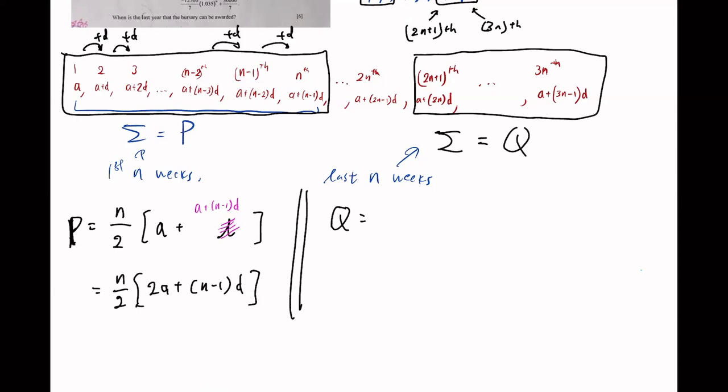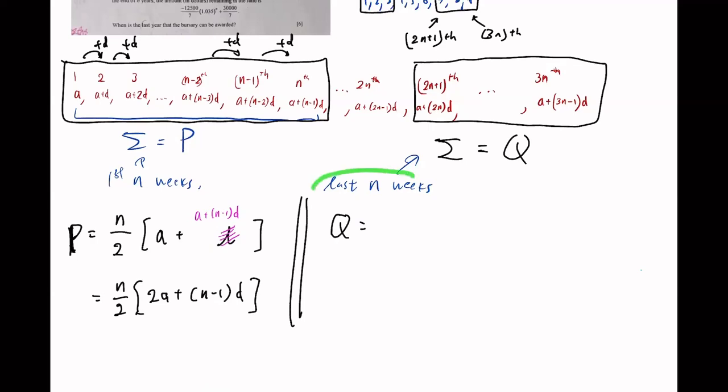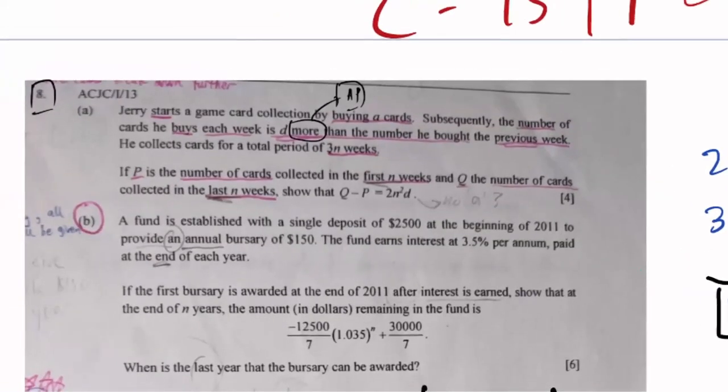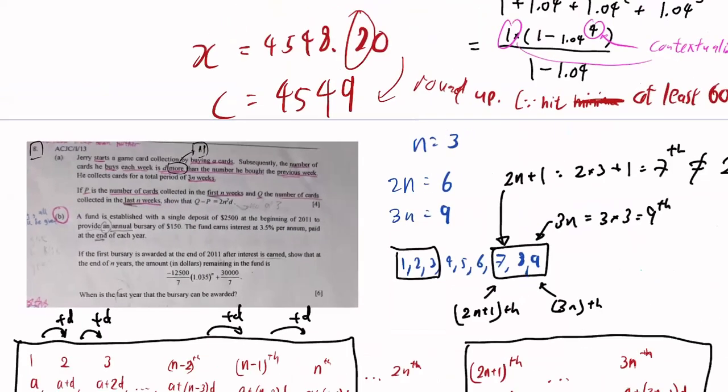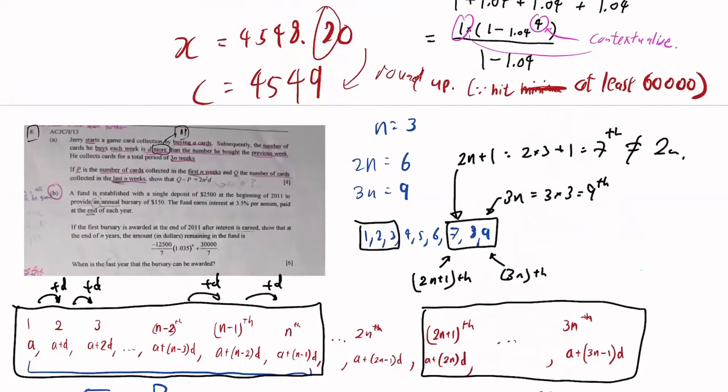So how many terms? Q refers to the sum of the last n terms. So how many terms? n. Yeah, exactly. It's just n, right?